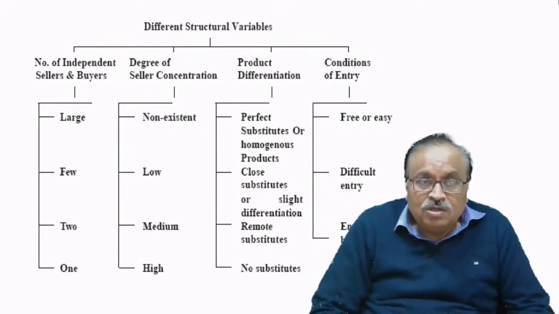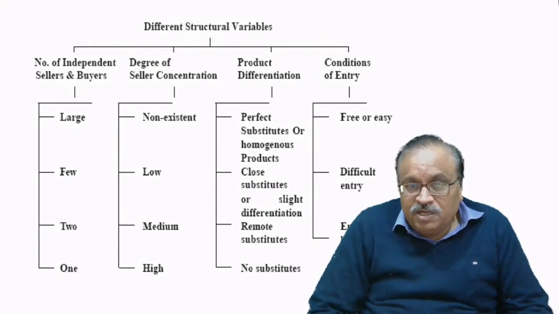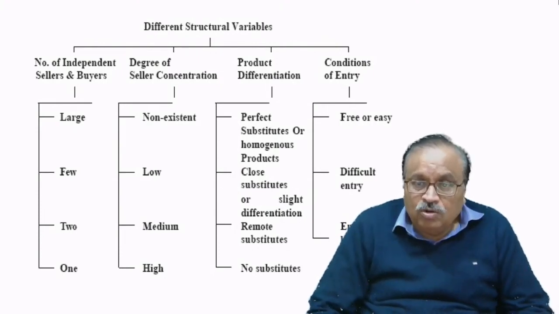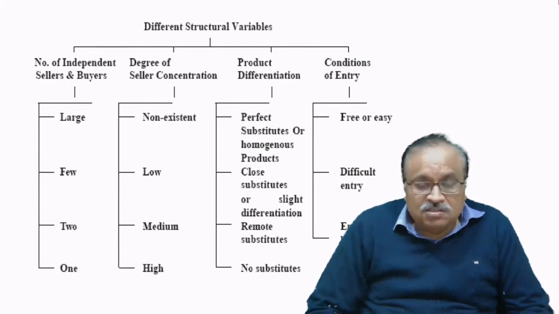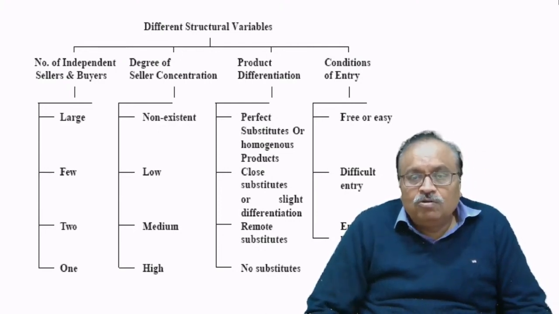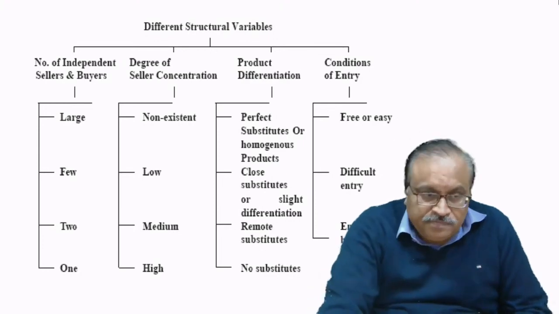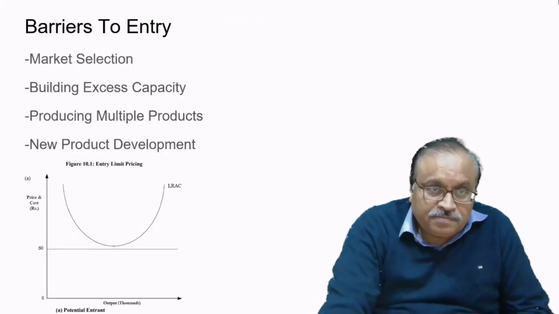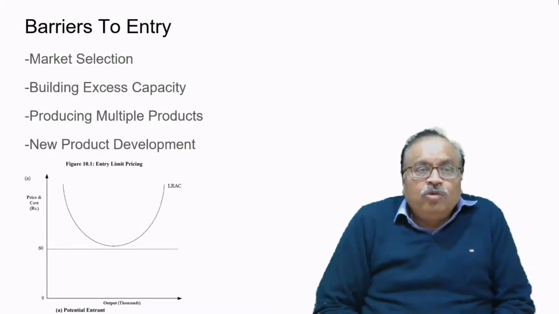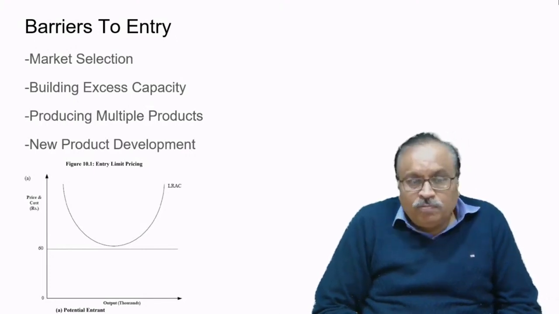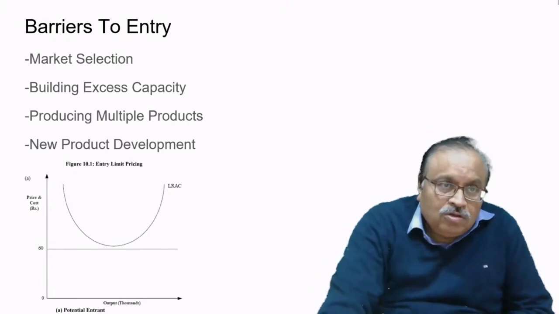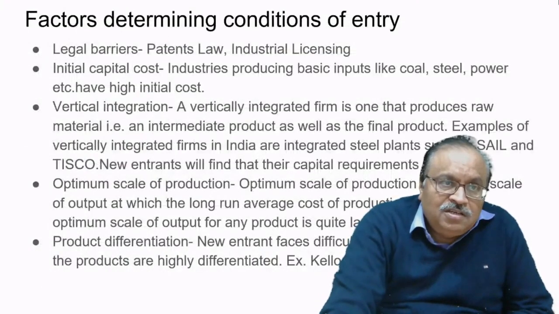When there are two, concentration is medium, substitutes are remote, and entry is barred. When there is one, concentration is very high, there is absolutely no substitute, and entry is barred. Barriers to entry include market selection, building excess capacity, producing multiple products, and new product development. Let us study these in detail.